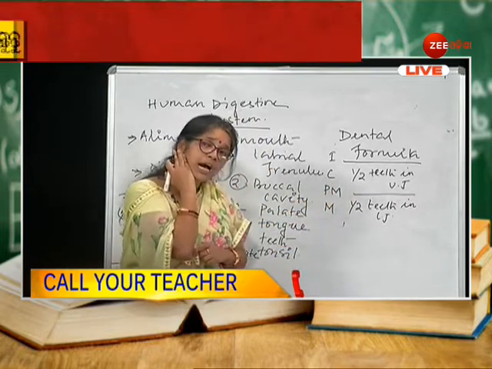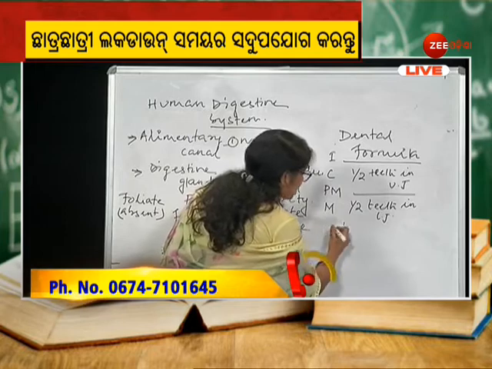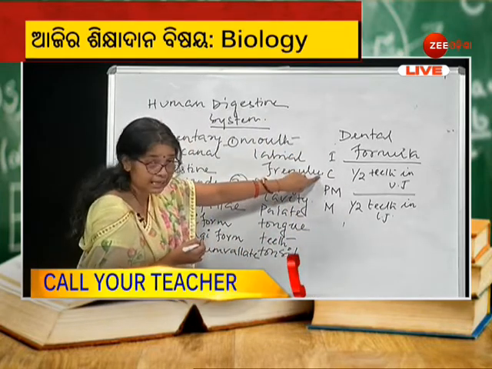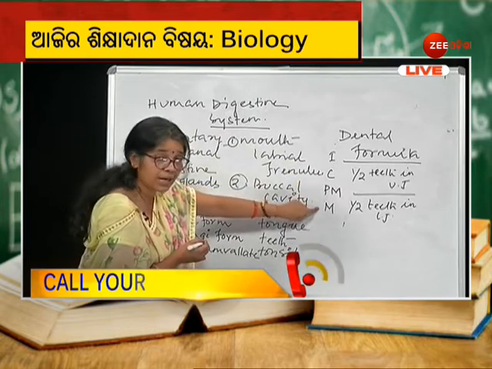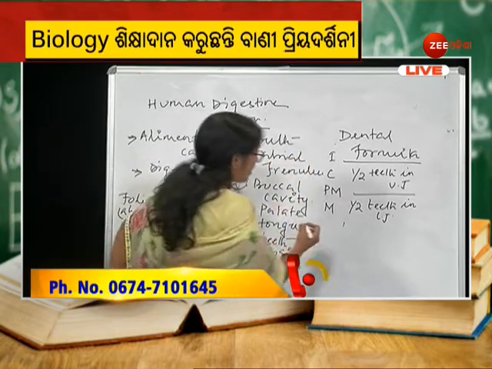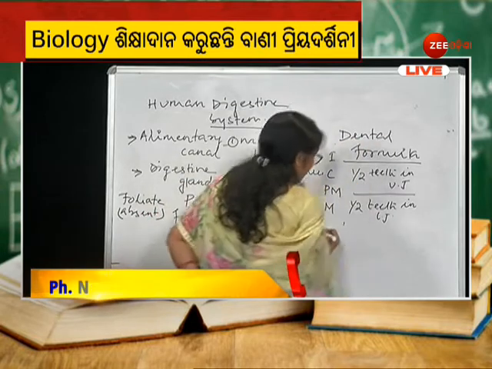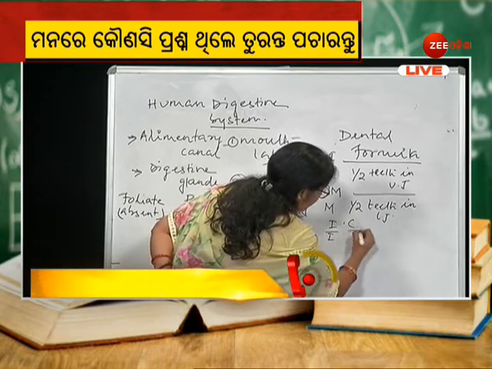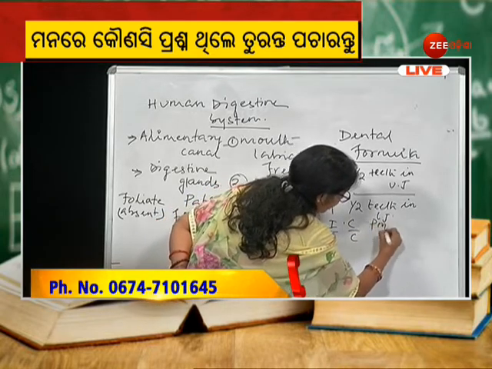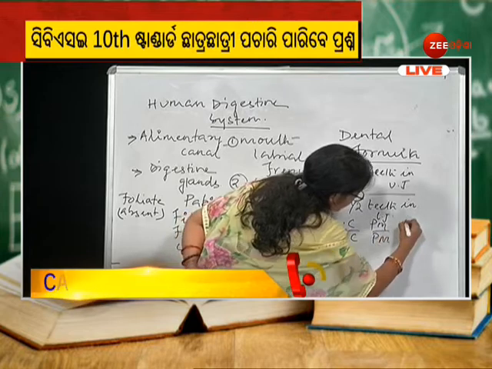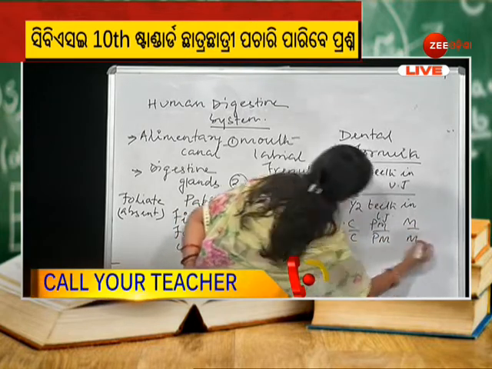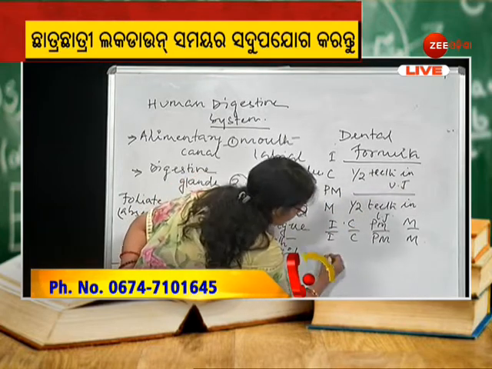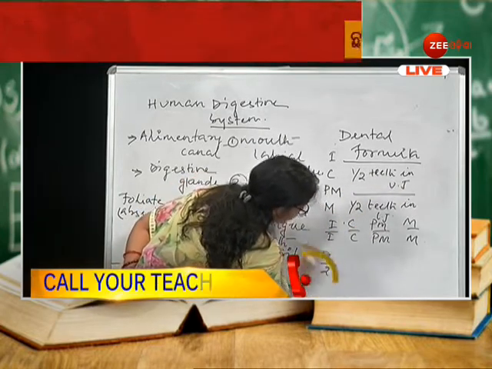In each half, there is the presence of these 4 types of teeth, that is incisor, canine, premolar and molar. So we can calculate the dental formula through I by I, C by C, PM by PM, M by M. I by I means half the teeth in the upper jaw by lower jaw, that is 2 by 2.